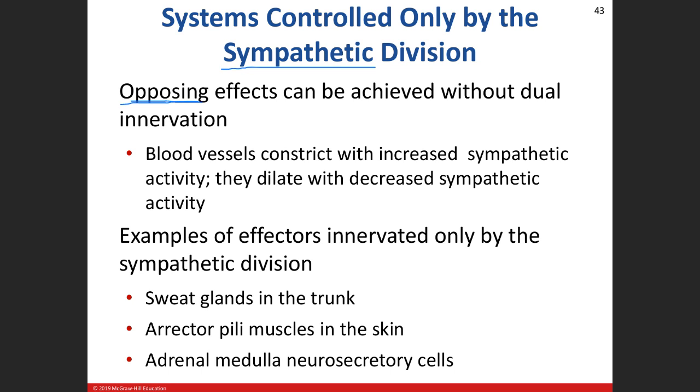Remember what we talked about last week: your blood vessels are only under sympathetic nervous control. Parasympathetic doesn't play a role. That means the sympathetic nervous system is always releasing a neurotransmitter onto the blood vessels to keep them in a partially constricted state.